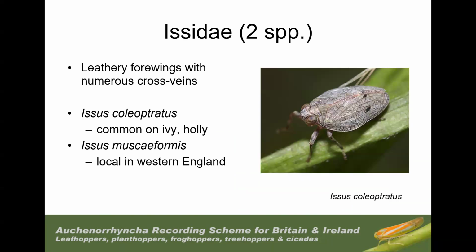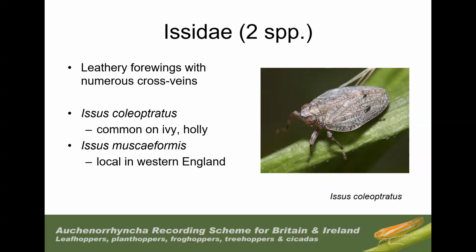And then the last little group of families are the ones with just either two or one species, or in fact, all of them have got two species or fewer. The Isidae, these are curious little things with very thick, leathery forewings with lots and lots of cross veins in addition to the main longitudinal veins.